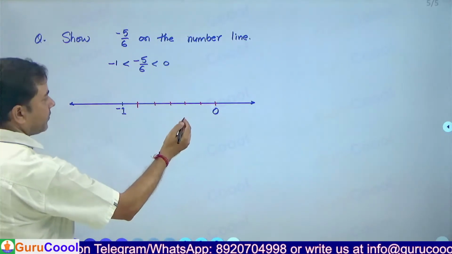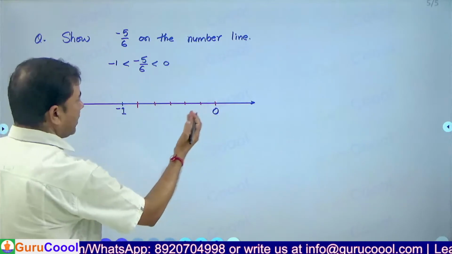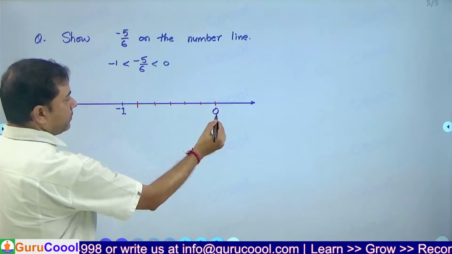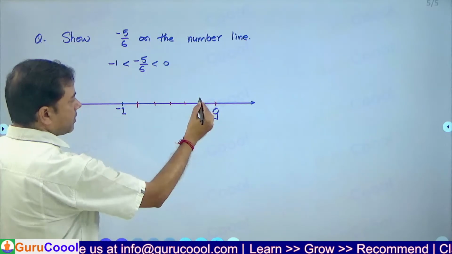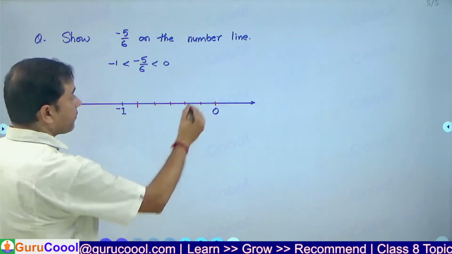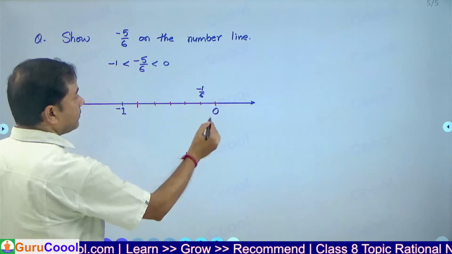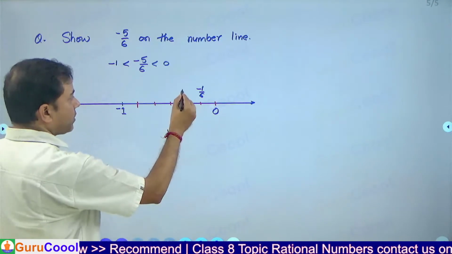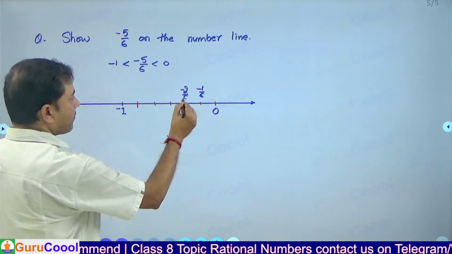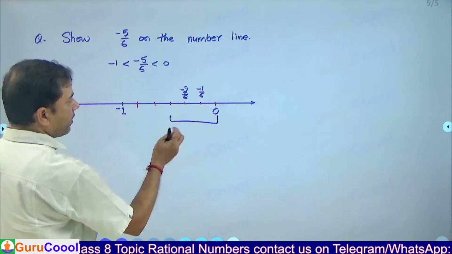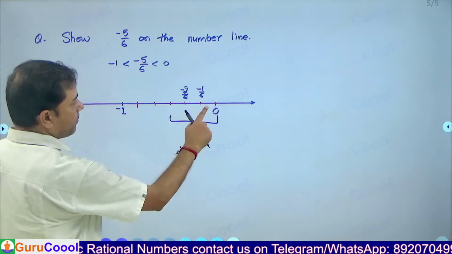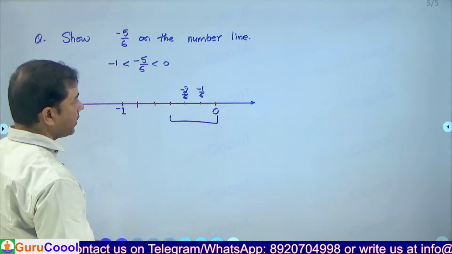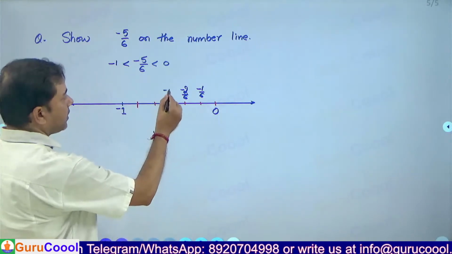Now, since counting starts from 0, we have to move from 0 to this. So from 0, this distance, it is -1/6. 0 to this, we have taken 2 segments, so -2/6. 0 to this, we have taken 3 segments, 1, 2, 3. So it's a -3/6.